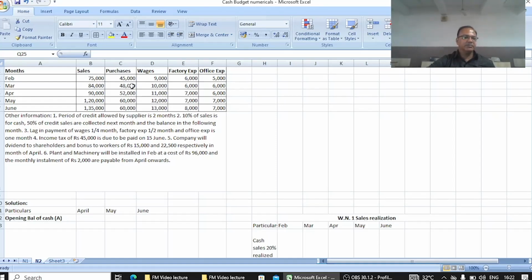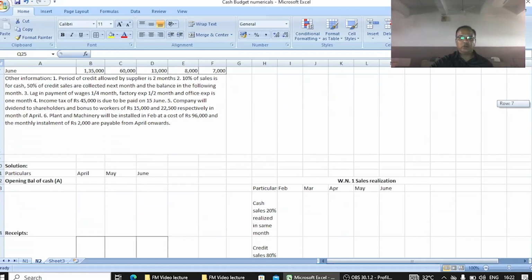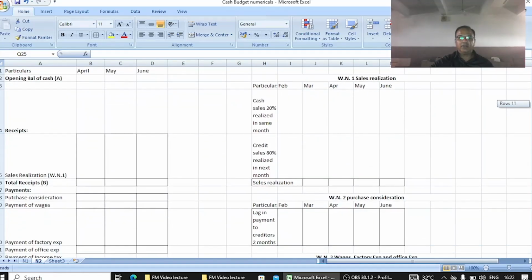If we are purchasing in month of March, we are paying in month of May. If we are purchasing in month of April, we pay in month of June. So 45, 48 and 52 is the amount of purchase consideration in month of April, May and June.